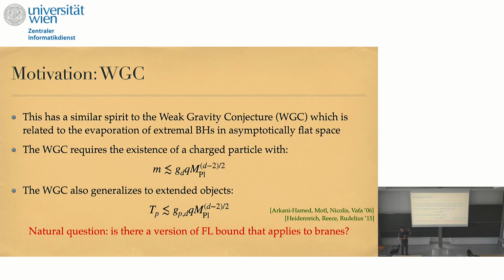So far, the inequality I showed you on the previous page applies only to particles, and the question we want to answer is whether there is a version that also applies to branes, just like weak gravity applies to both particles and branes. This is the question we will answer in this talk, showing that indeed there is a version of Festina Lente that one can use for branes.